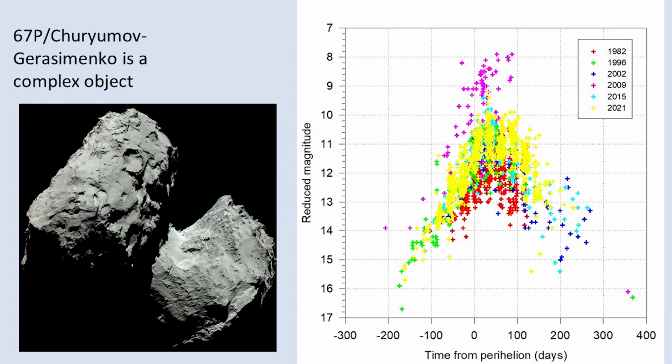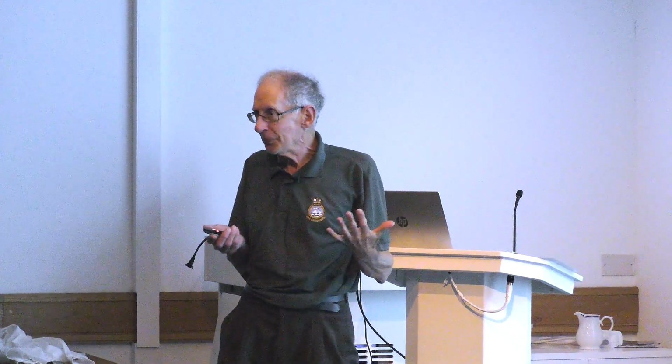The one comet that we've got really good in situ measurements of, and which is really quite important, unfortunately doesn't behave itself very well when it comes from one return to the next. There are quite substantial differences in the brightness. And the question is why?